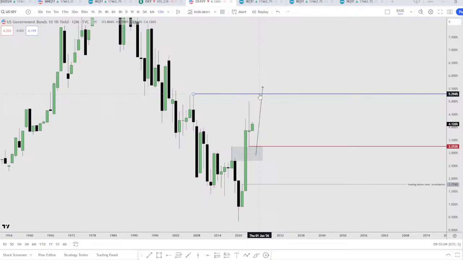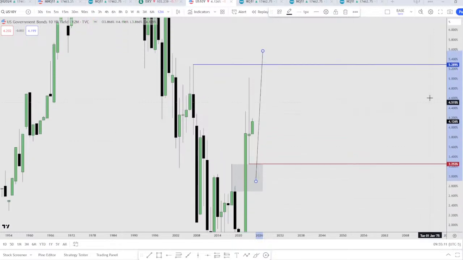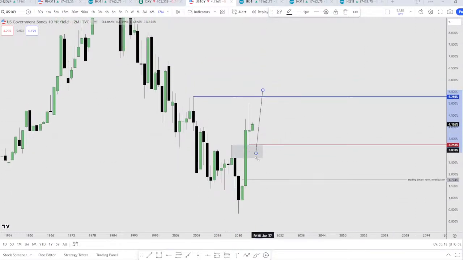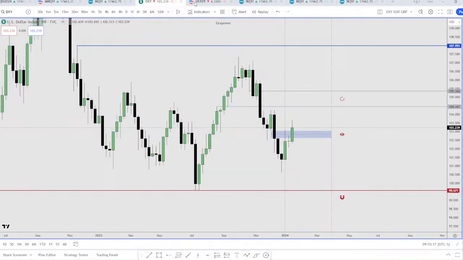So that one I'm not too sure. But yeah, so far this is my bias. It's pretty tricky right now because the dollar is not moving smoothly, right? It's not a low resistance liquidity run, therefore it's kind of tricky.